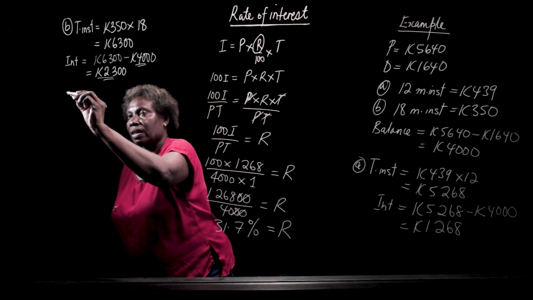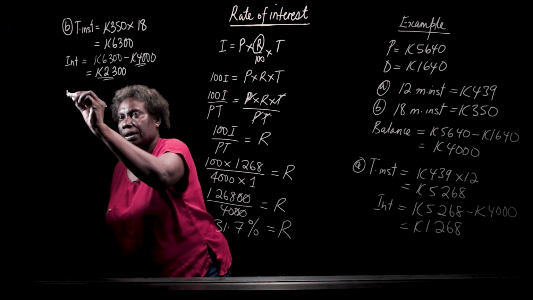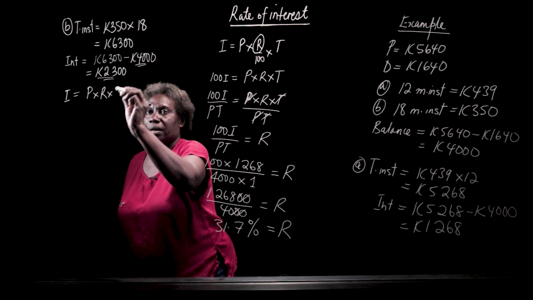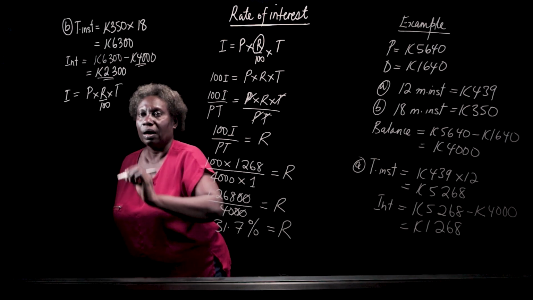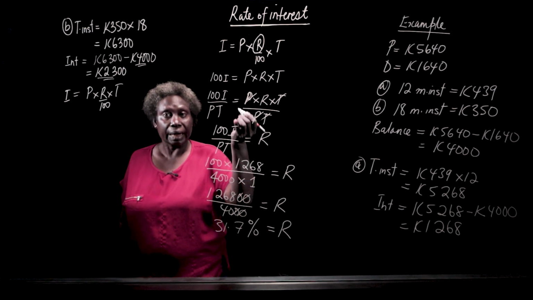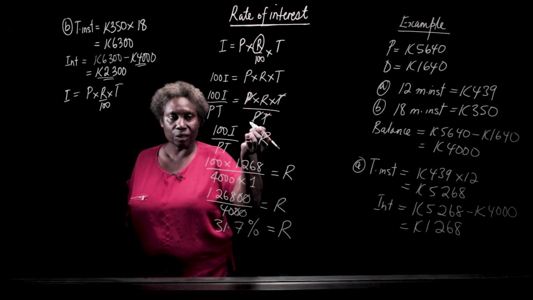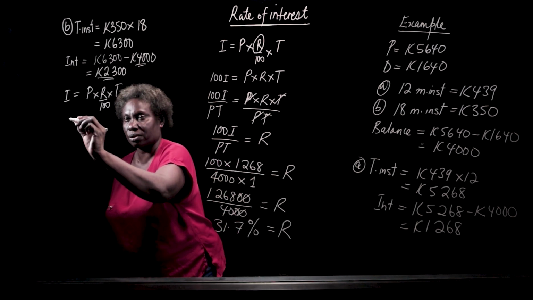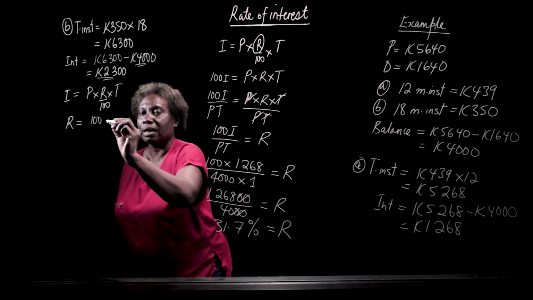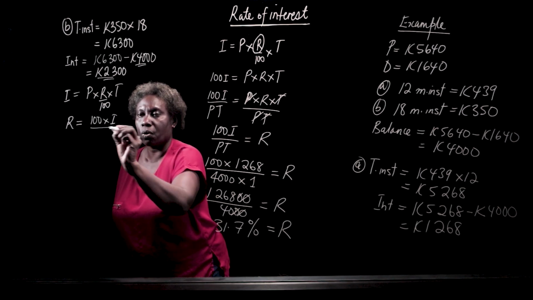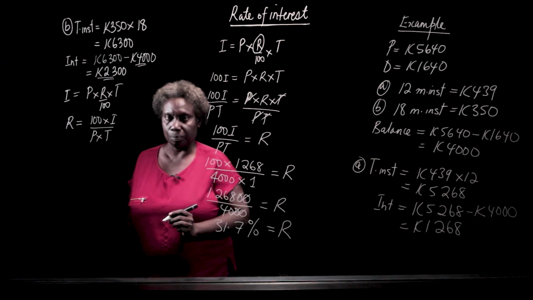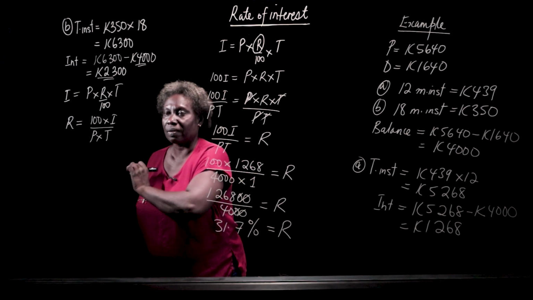Again, interest is equal to P times R times T over 100. From our previous example, we should now know how to calculate the rate, so I'll just go straight to R. The rate is equal to 100 times interest over principal times time, or the term in which the payment is made.